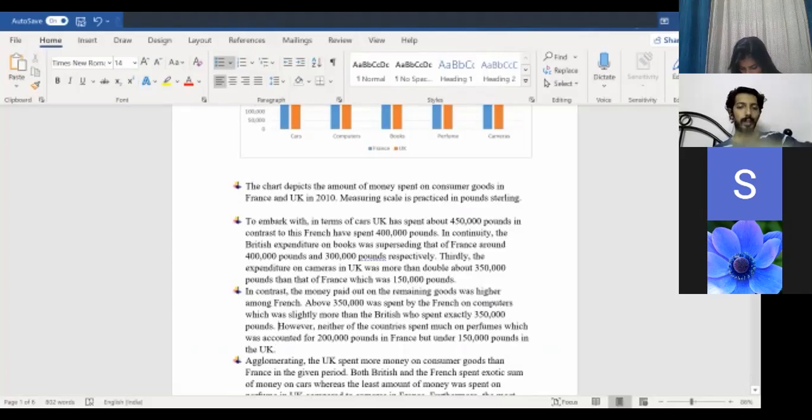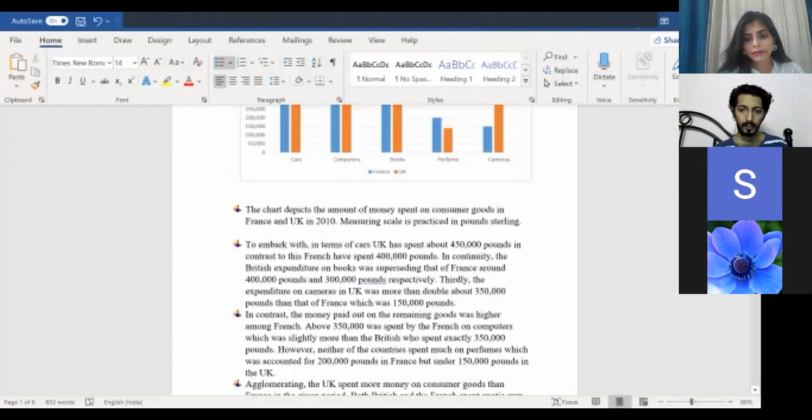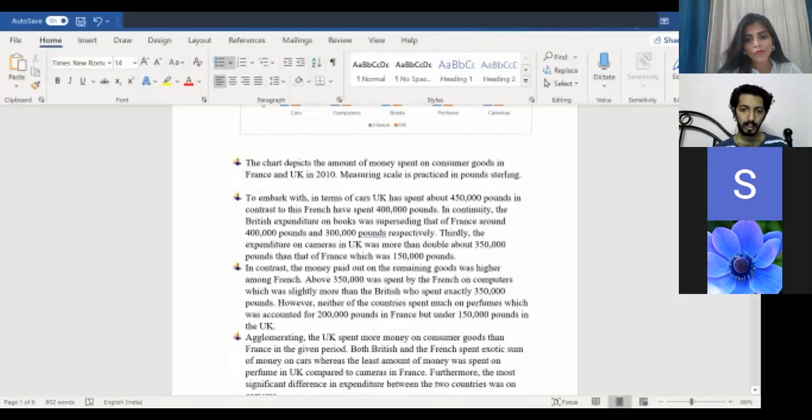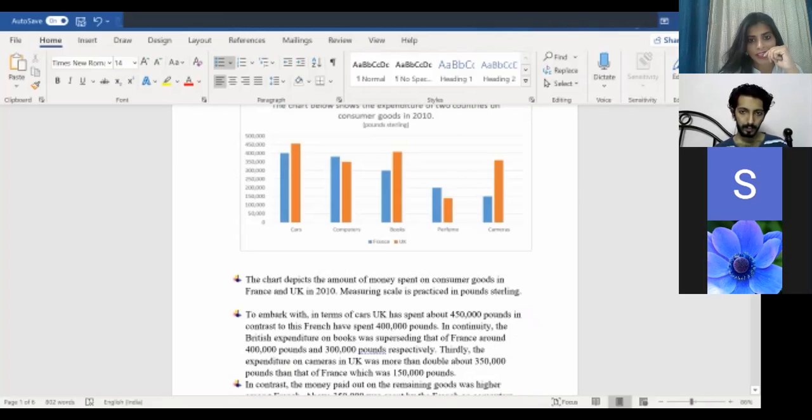So however, इतने सारा खर्चा होने के बावजूद भी, however, neither of the countries spent much on perfumes. किसी भी कंट्री ने परफ्यूम के ऊपर ज्यादा खर्चा किया नहीं है. So yes, that's how I accounted it. I used under 150,000 pounds and not under 200,000 pounds of France. Okay, so that's again a significant information.